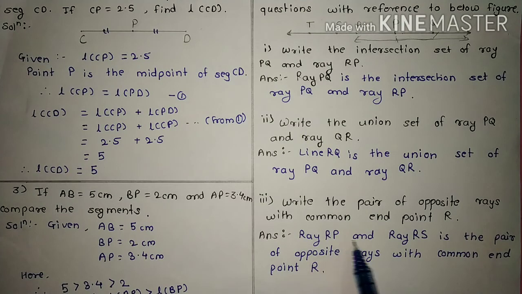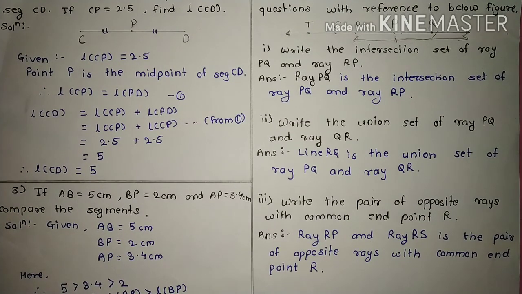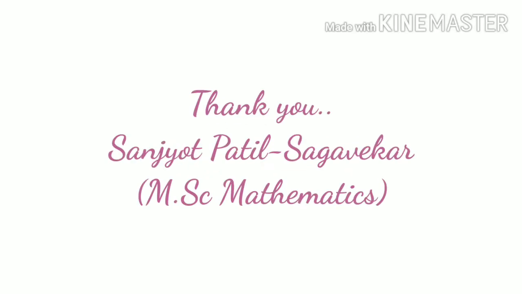Therefore ray RP and ray RS is the pair of opposite rays with common endpoint R. In this way, you can solve remaining examples in practice set 1.2. I hope you understand. Thank you.